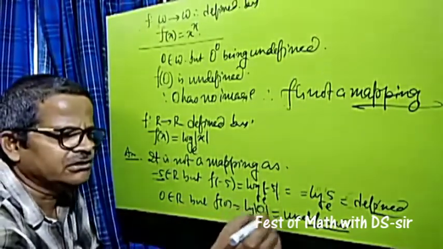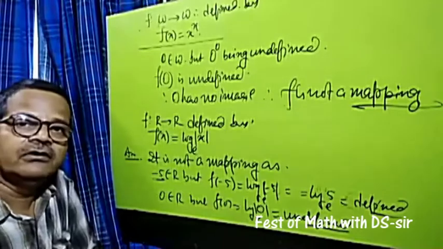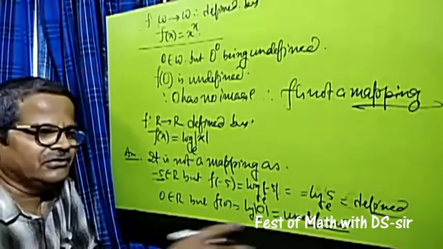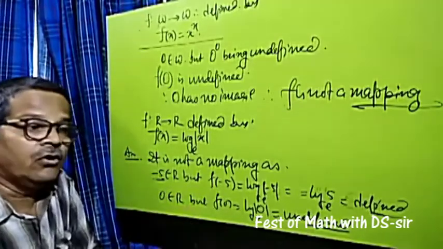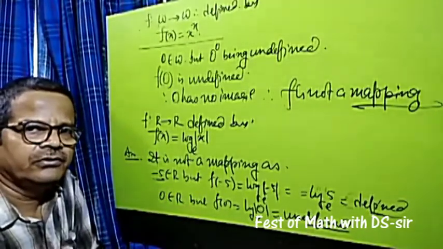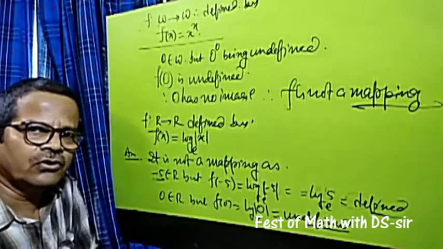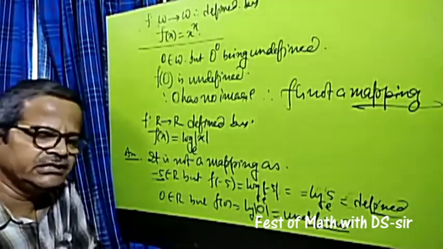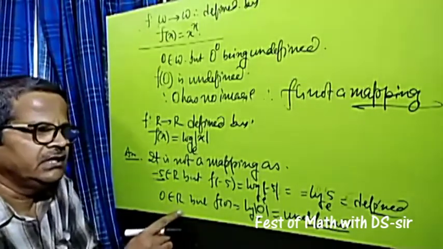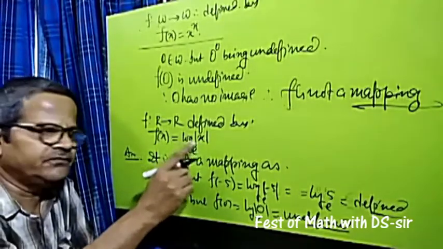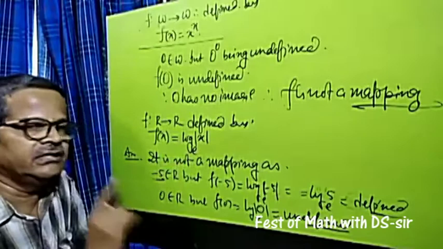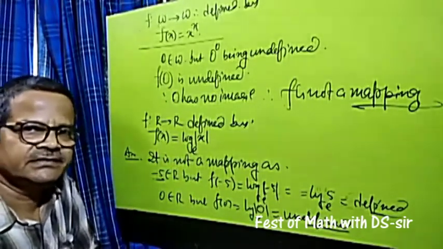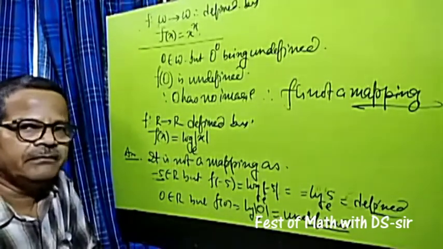Log of mod 0 and log of 0 are the same, so undefined. So only in that case, only 0 has no image. If instead of log x, we define the function as log of mod x, then only 0 has no image.